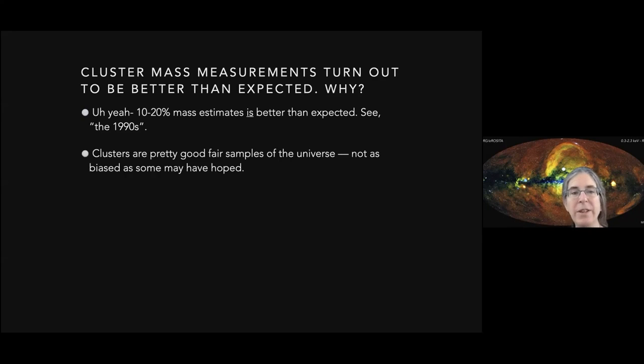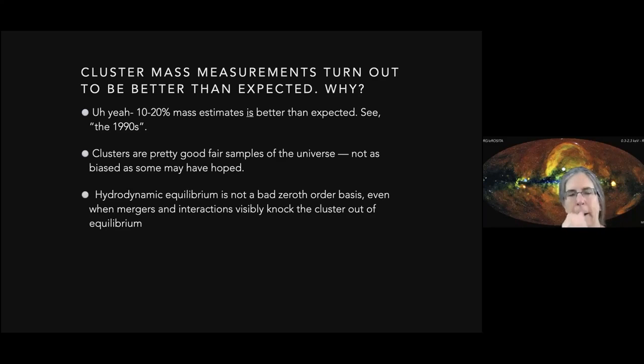So one reason cluster mass measurements are in pretty good shape is because they're decent fair samples of the universe, and they're not quite as biased as some may have hoped back in the 90s, when omega matter was supposed to be 1, and they were trying to explain why clusters weren't giving them that answer. But it turned out clusters were pretty fair samples of the universe. Omega matter was not one.